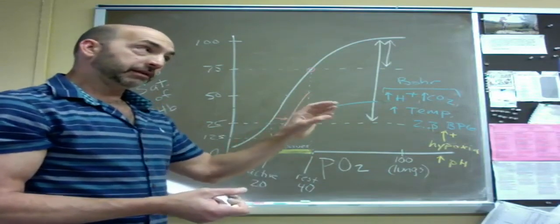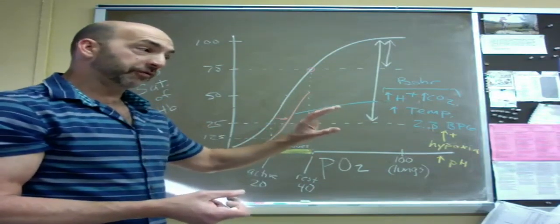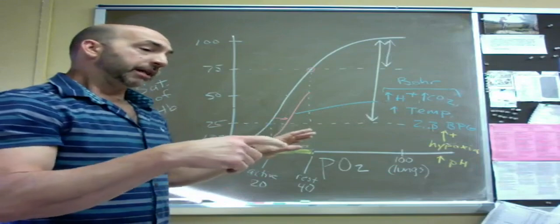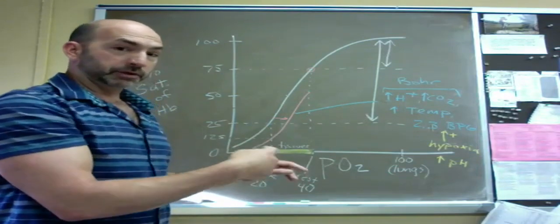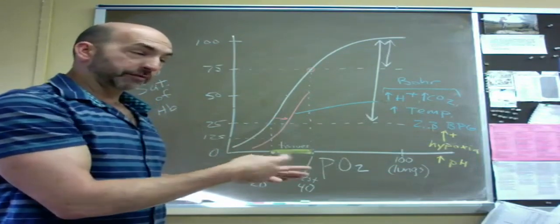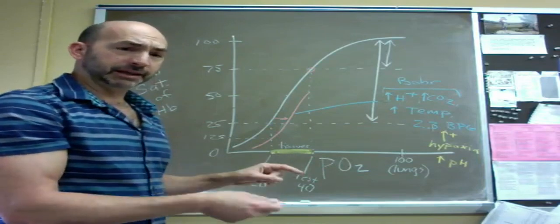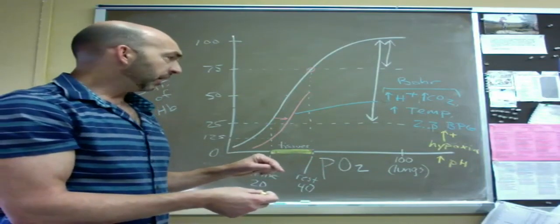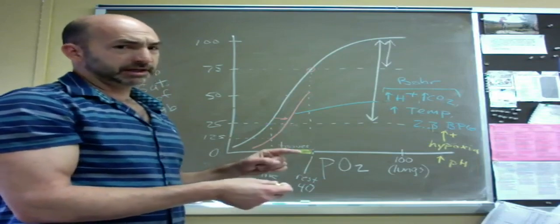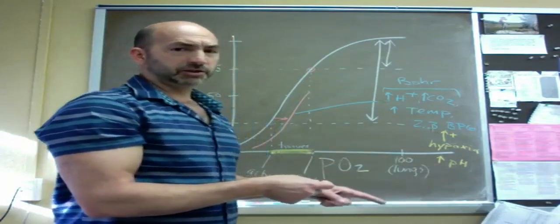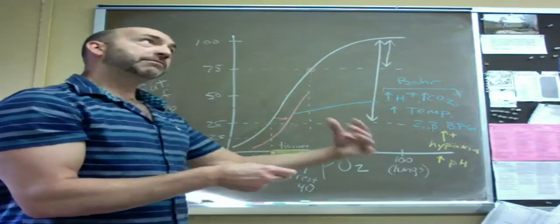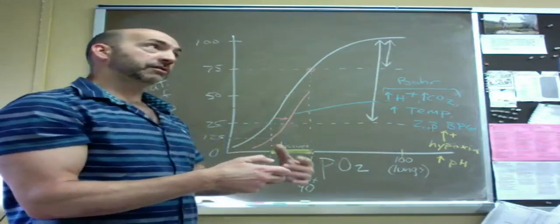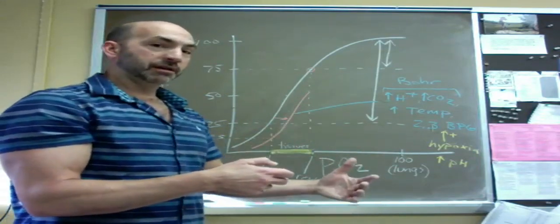Remove CO2, and the equation gets pulled toward the CO2 that's disappearing, to produce more of it. What that means is that the H plus falls, and if H plus falls, that's indicated by an increase in pH. So at high altitude, you hyperventilate, CO2 falls, and your pH rises.